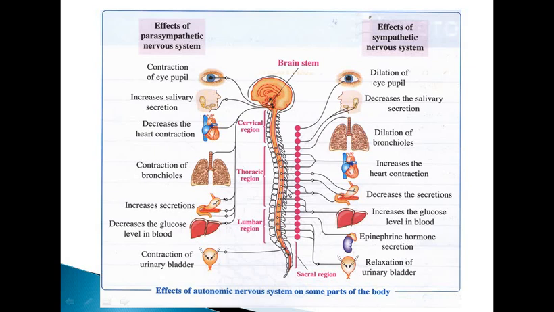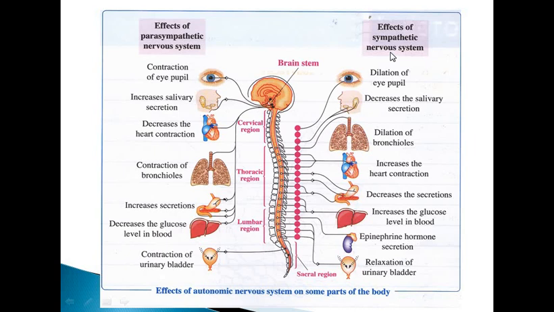So all sympathetic nerves arise from this area, thorax and lumbar, while the parasympathetic nerve arises from the brainstem and sacral region. As we mentioned, the sympathetic nervous system is the system of emergency in our body.